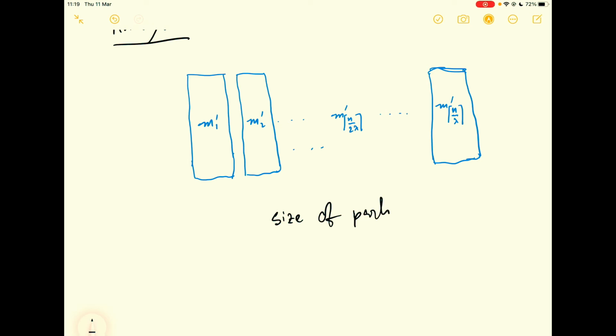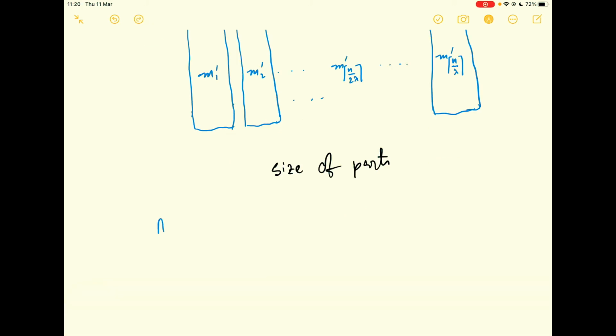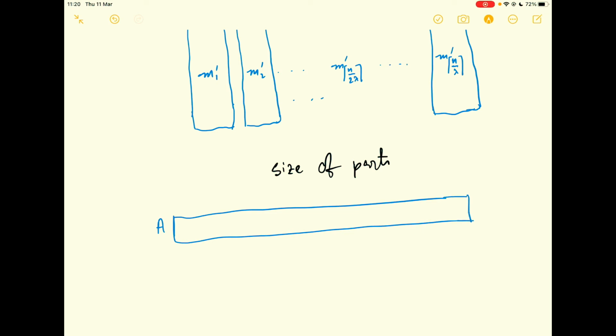So partition divides the array A with respect to the pivot element into two parts, and we will show that both parts can't be too small or too large, and that will mean that the size of both the parts should be theta n. Suppose this is the array A, and after partition the pivot is this element.